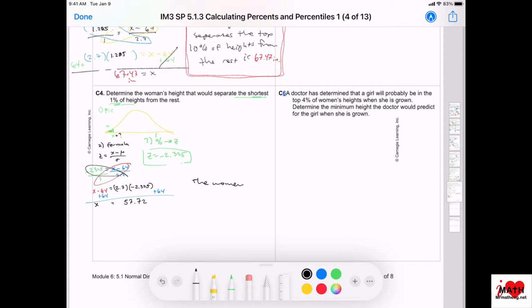The women's height, so that's x, that would separate. I'm just copying that sentence up there.